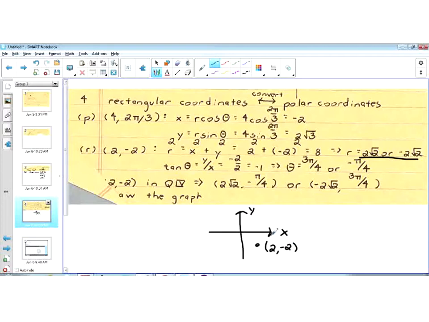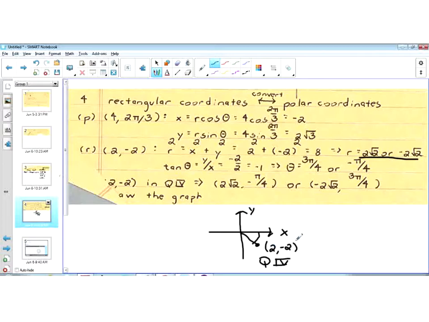And we know that the tangent function is negative in quadrant 4. Okay? And so the reference angle formed here, if we were to use the rectangular coordinates, would be negative pi fourths. Okay? Or pi fourths. The reference angle is pi fourths.